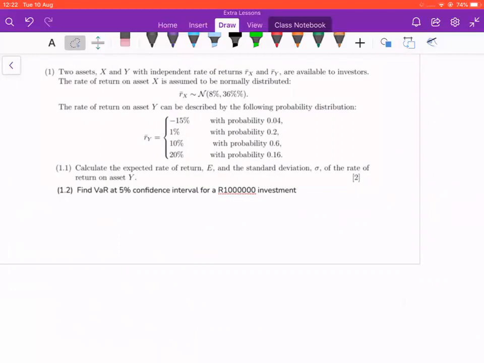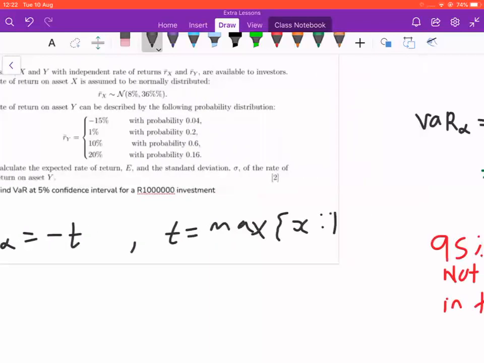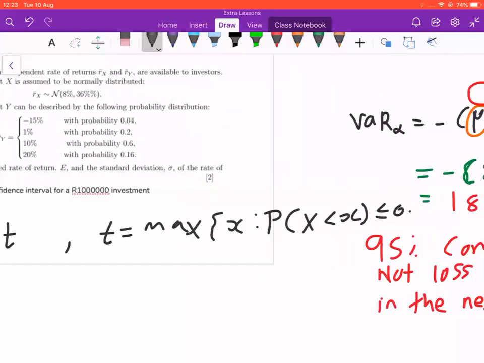Actually, there won't be any need to find these things, because when you write your answer for VaR, we're saying that VaR is going to be negative t, where t is the maximum value of x, given that the probability of X less than or equal to x is going to be, in this case, 0,05, right?